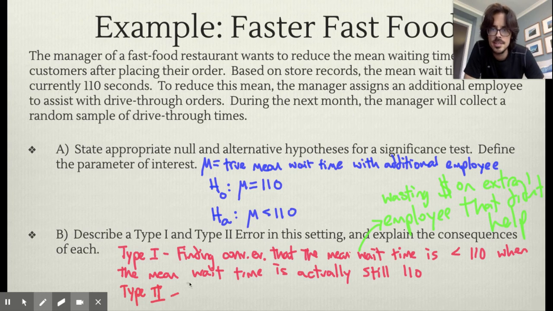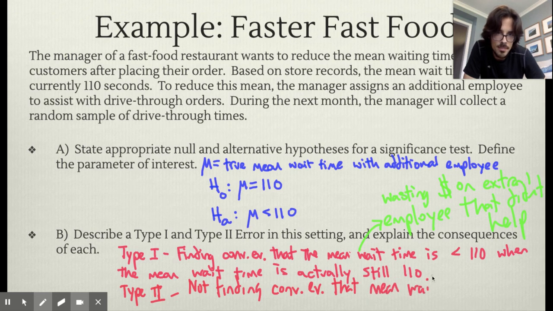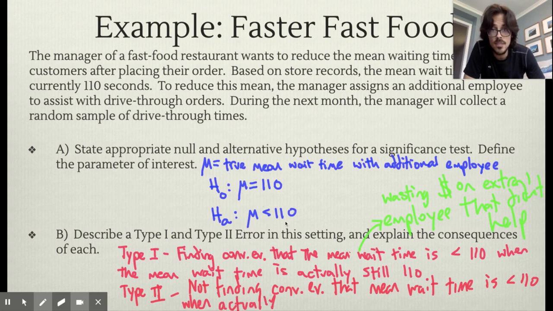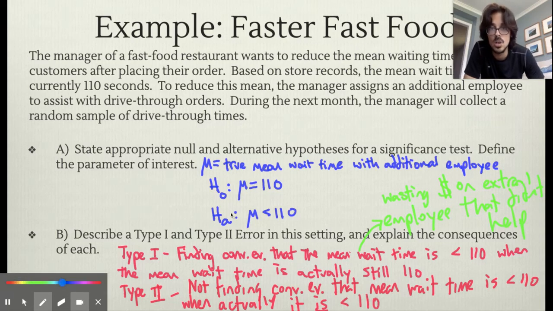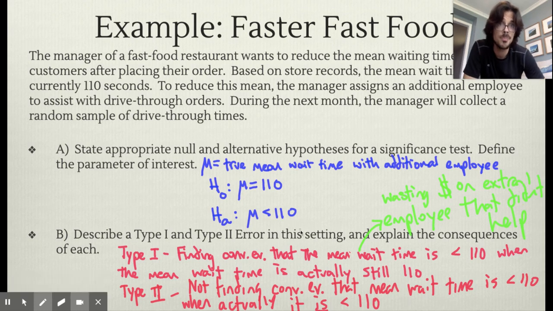So I did not find convincing evidence that the mean wait time is less than 110, but I should have because it was true, when actually it is less than 110. So I failed to reject, I didn't go with the new thing, HA right here, but I should have. So I didn't find convincing evidence the mean was less than 110 when it actually is.